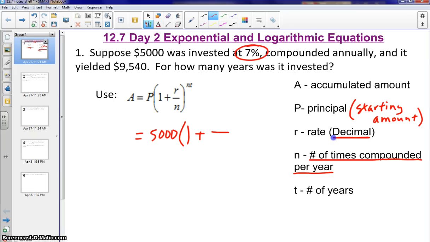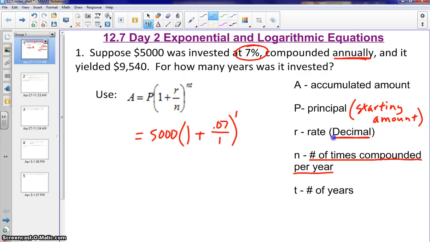Divide that by 100, so we write that in decimal form. In other words, we'll move it over 2 decimal places. So that'd be 0.07. And it's compounded annually. Therefore, N would be once, because it's compounded once per year. So N would be 1.